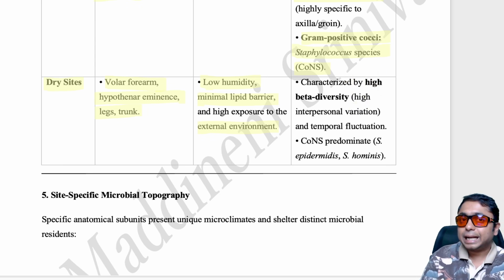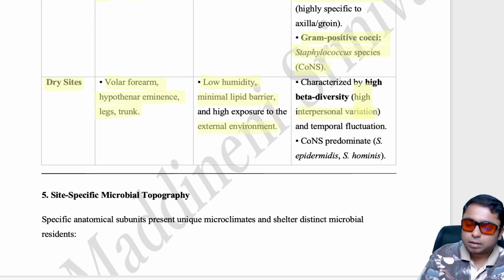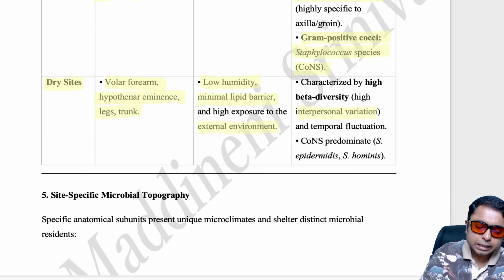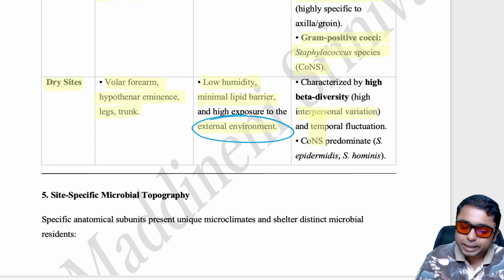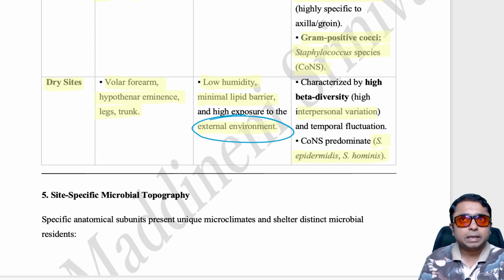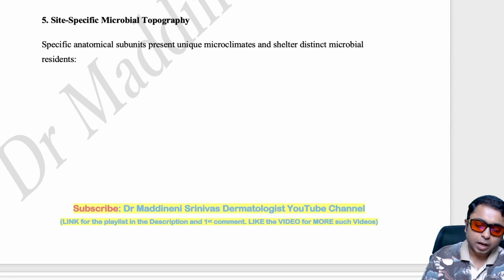So these dry sites are going to have a very different type of organisms because of all these points whichever we have told. The exposure to the environment is going to be predominantly seen here. That's why there is going to be interpersonal variation of organisms in these sites, but other than that you can see Staphylococcus epidermidis and hominis in these sites.